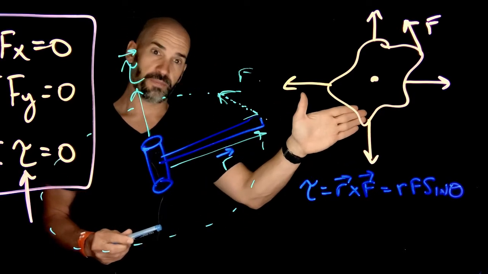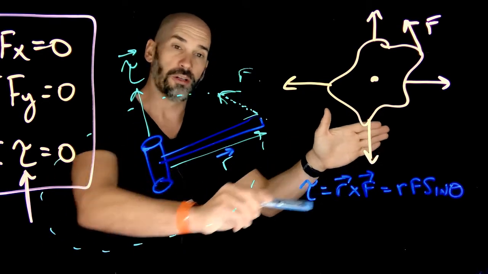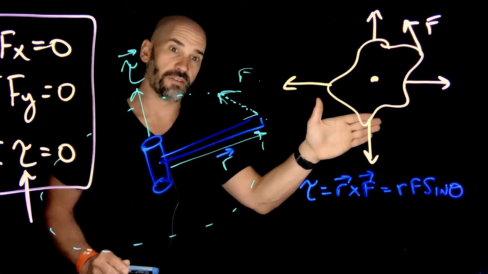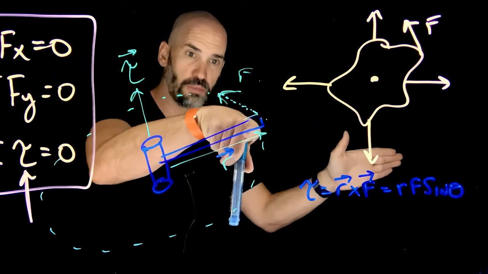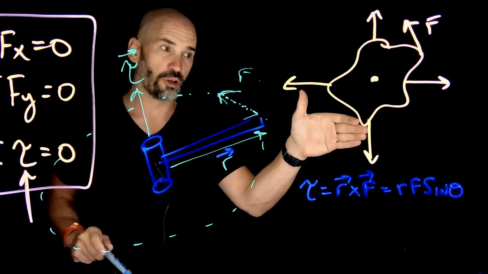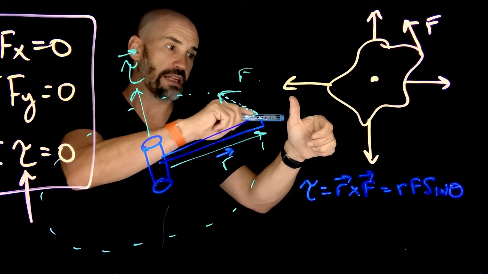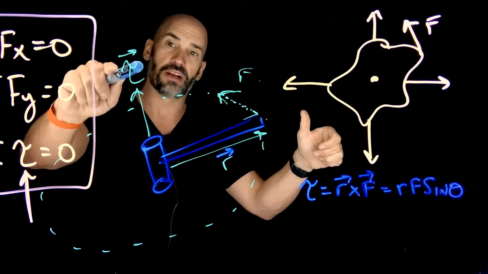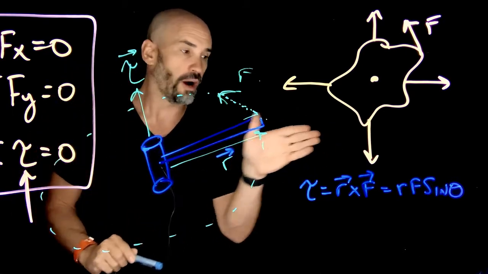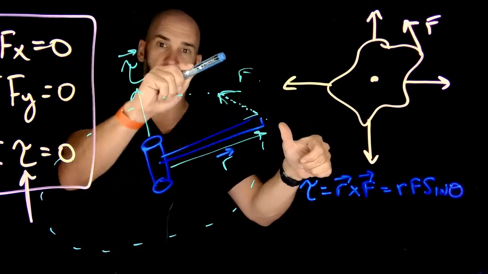Then we curl our fingers in the direction of the other vector. So if F is here, trying to make this thing rotate, I am going to curl my fingers in that direction, which means that my thumb then is the remaining vector that points in the direction of torque. So R cross F gives us our torque.